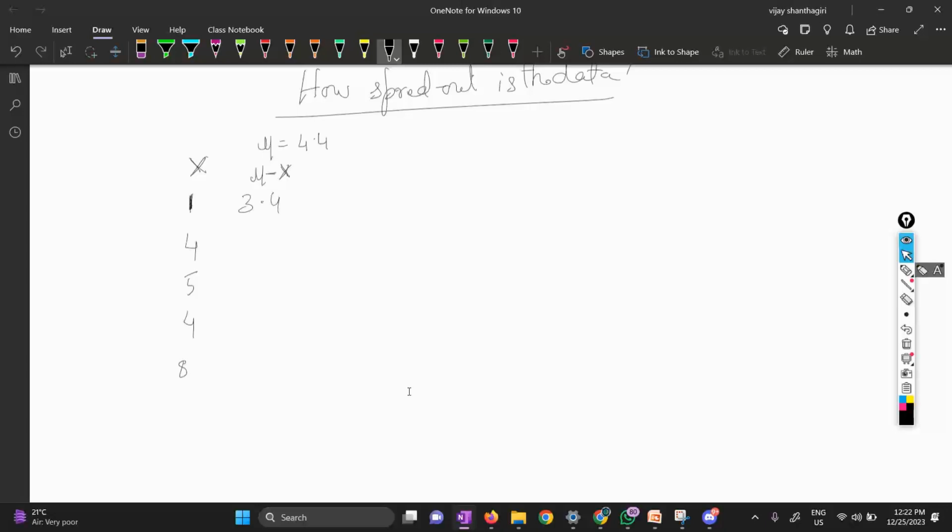Then 4 minus 4.4 is minus 0.4. Now we're taking mu minus x, so it will be plus 0.4.